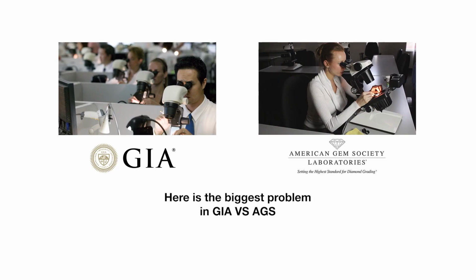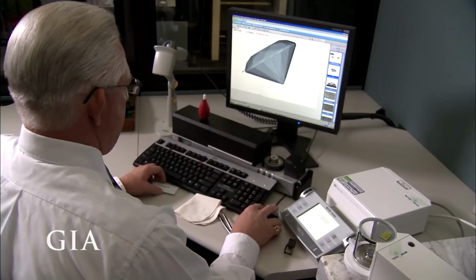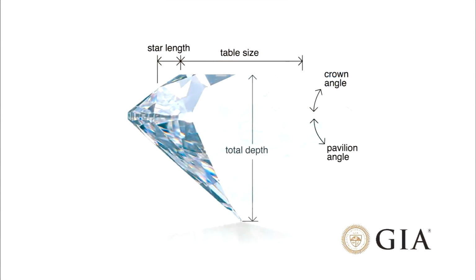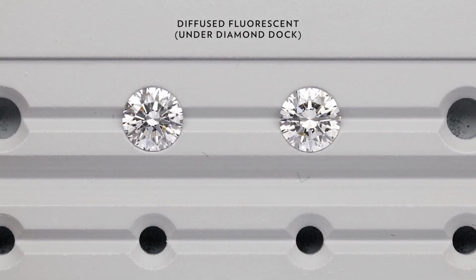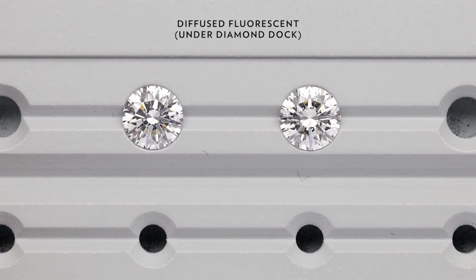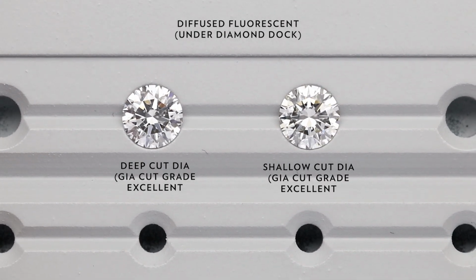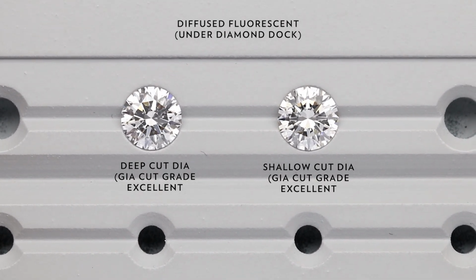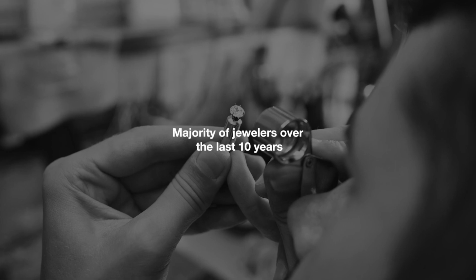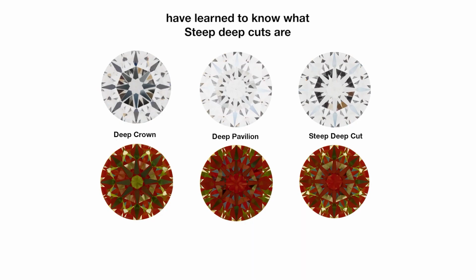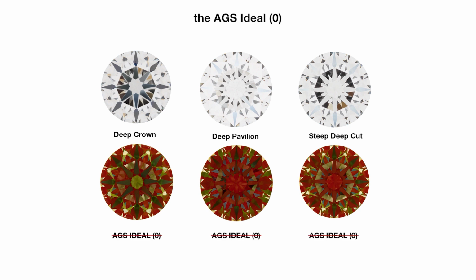Here is the biggest problem in GIA versus AGS. Because of the way GIA combines proportional and visual using the GIA diamond dog, a lot of bad diamonds such as shallow and steep-deep cuts fall into the excellent cut category. The majority of jewelers over the last 10 years have learned to know what steep-deep cuts are, which would not fall into the zenith of the AGS Ideal 0.